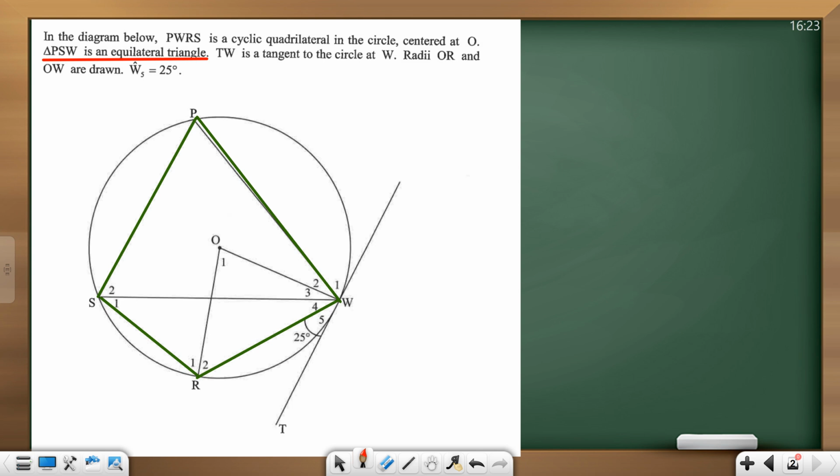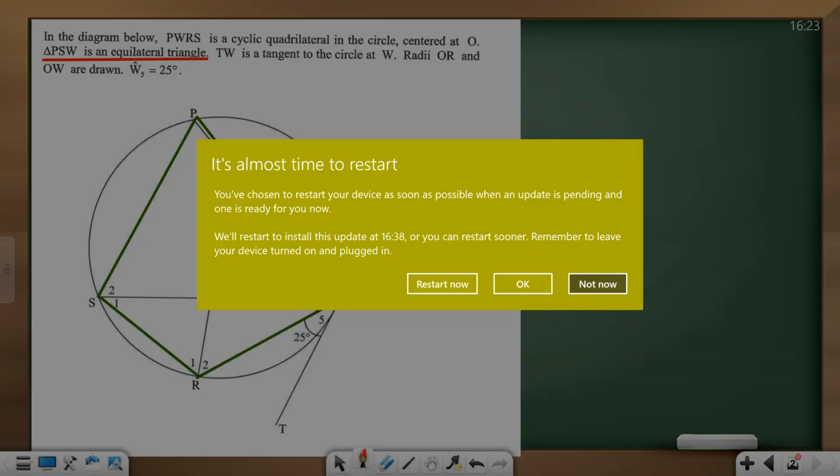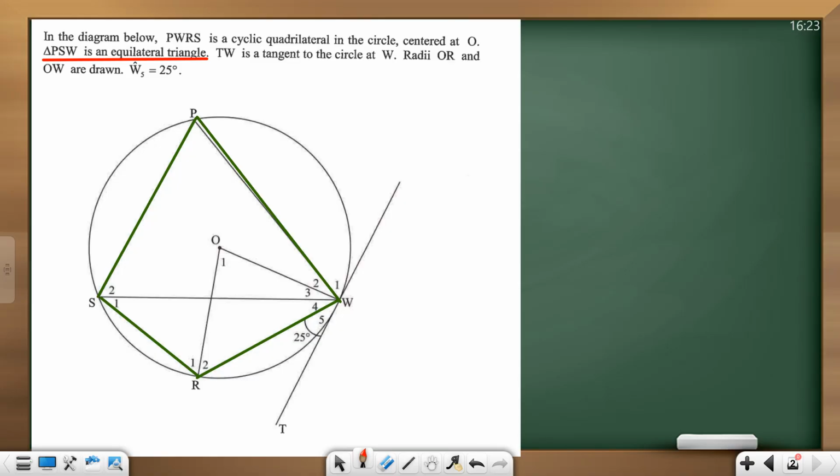All the sides are equal. Okay. All the sides are equal. Apart from that, yes, all the angles are equal. All right.